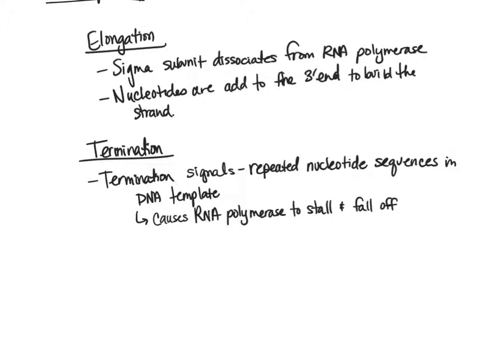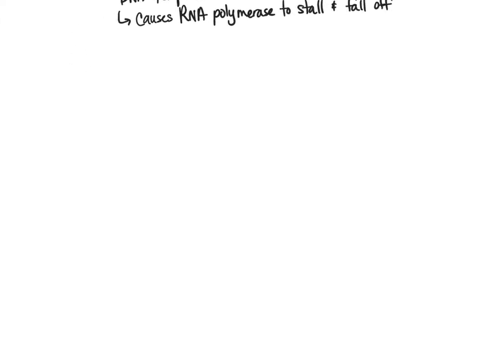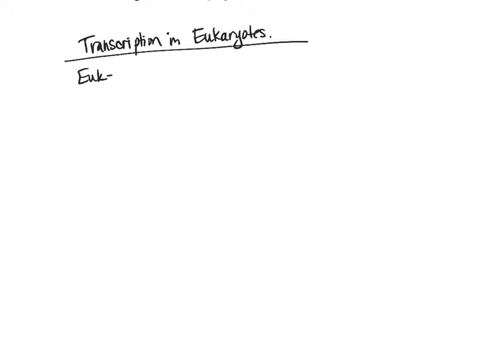So now we're going to take a moment to compare that to transcription in eukaryotes. And we're just going to compare the two. So for transcription in eukaryotes, we have 3 different polymerases.